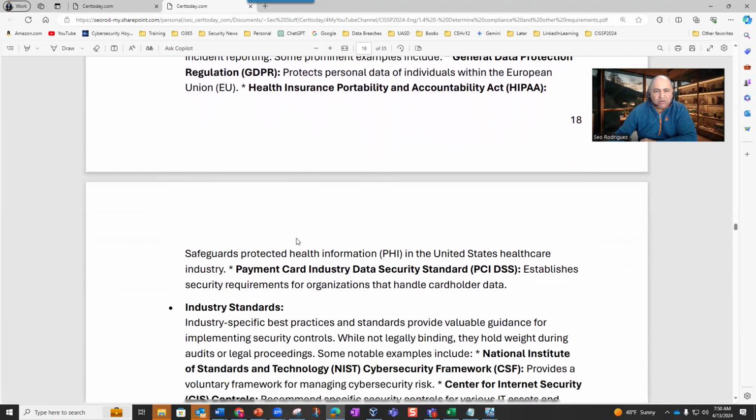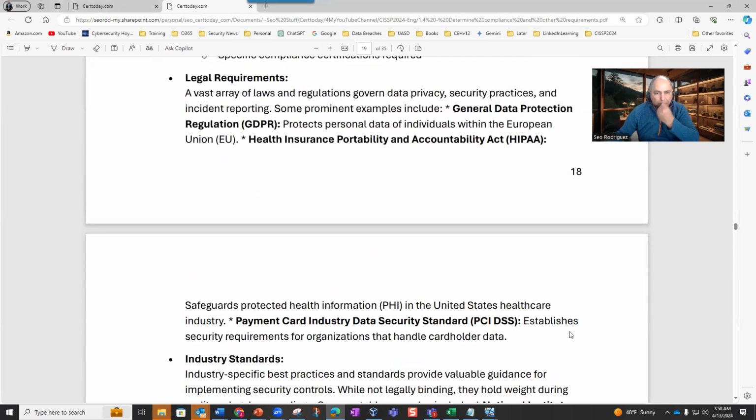When it comes to legal requirements, a vast array of laws and regulations govern data privacy, security practices and incident reporting. And every day there seems to be more. Some prominent examples include the General Data Protection Regulation, the famous GDPR, which protects personal data of individuals within the European Union.